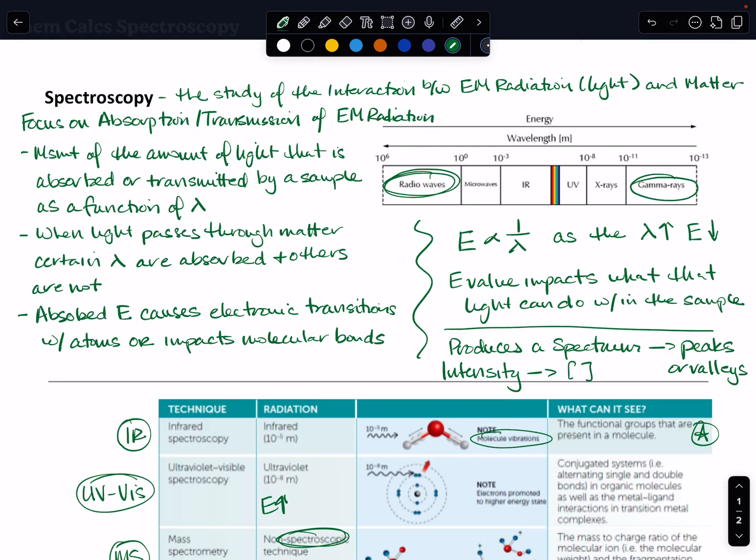But keep in mind that they all look at the study of the interaction of electromagnetic radiation and matter, and that the wavelength of that light tells us what the energy of that light is, and the energy value is what determines what it can do when it interacts with the matter. Can it make bonds vibrate? Can it break bonds? Can it make electrons move to excited levels, or can it fully eject those electrons from the atom? All of that depends on what the element is, what the bonding environment is around it, and what the energy of that radiation is.